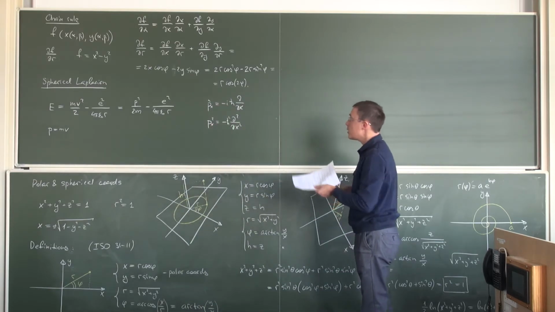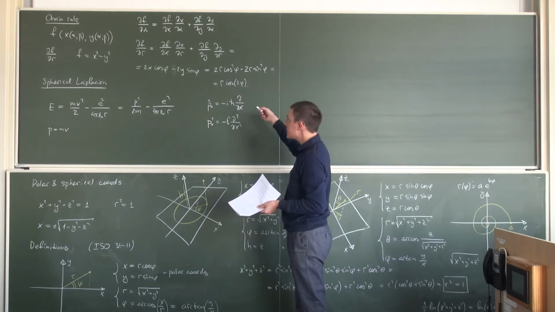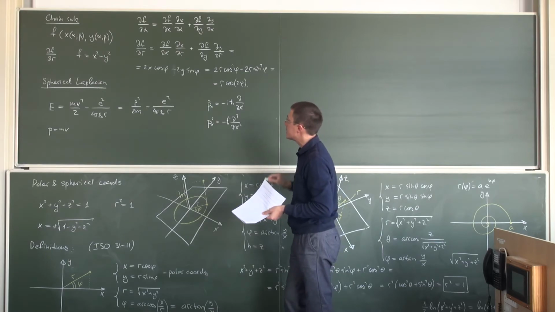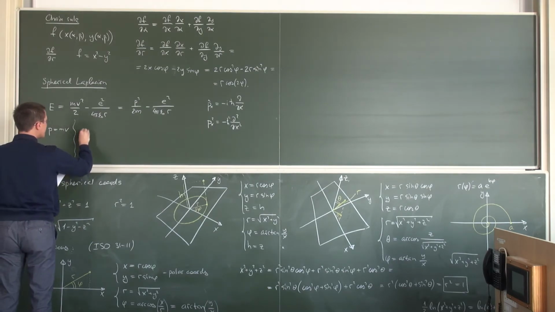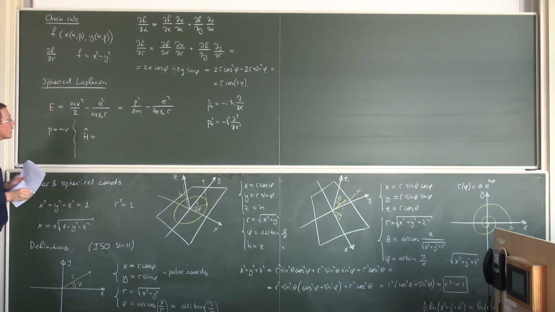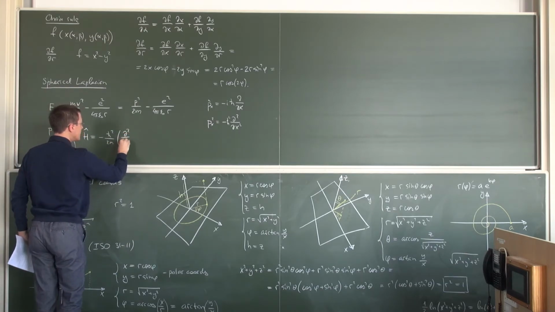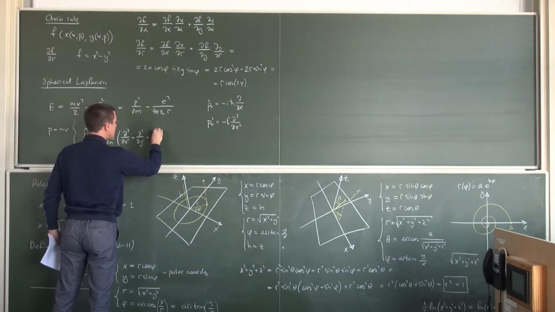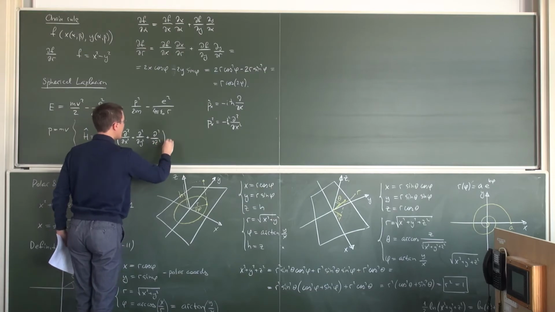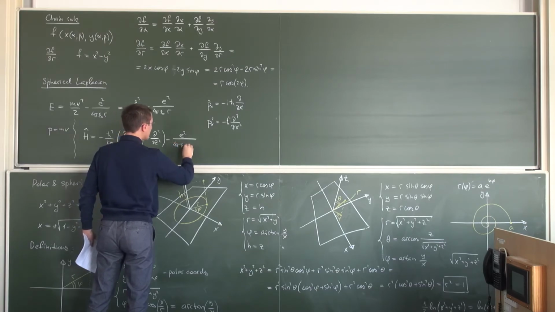And then if we take all three of them, we will have minus h bar squared, d2 by dx squared, d2 by dy squared, d2 by dz squared. So let us write that out. The energy operator for this system is going to be minus h bar squared over 2m times d2 by dx squared plus d2 by dy squared plus d2 by dz squared, minus charge squared over 4 pi epsilon naught r.